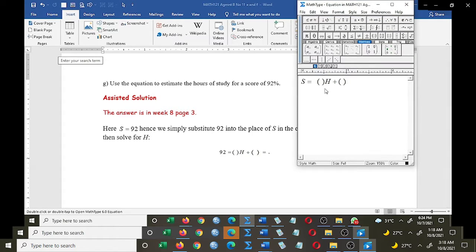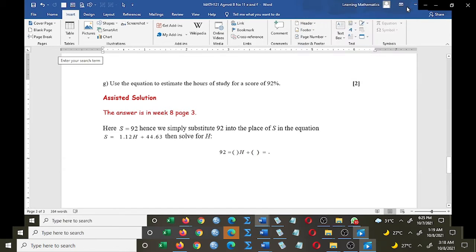The formula we modeled using the data: 1.12, and we have 44. Now this is what I observe in the face-to-face. You don't really have much time to do all we discussed. It has its advantages, but here there are still some advantages.